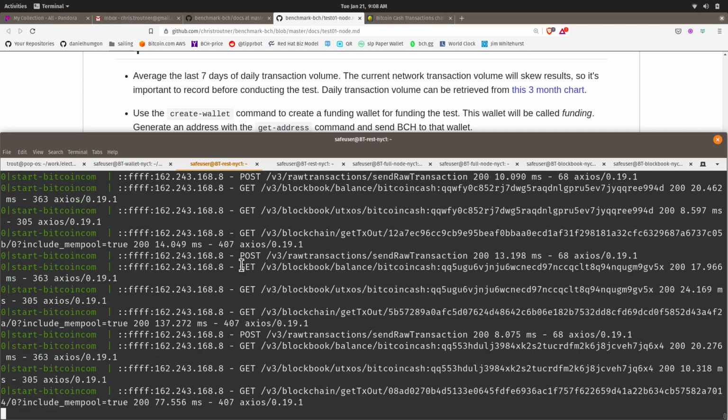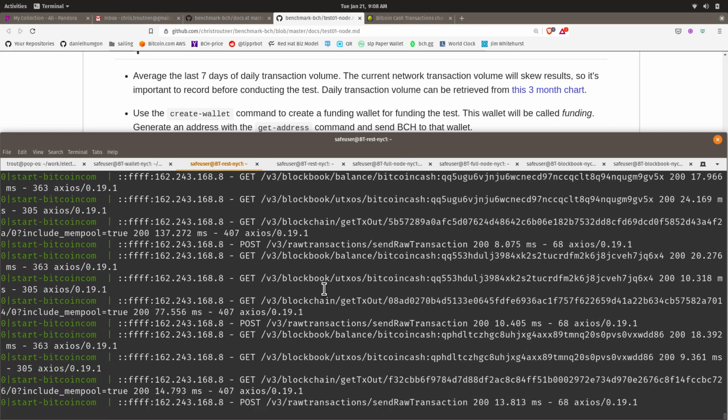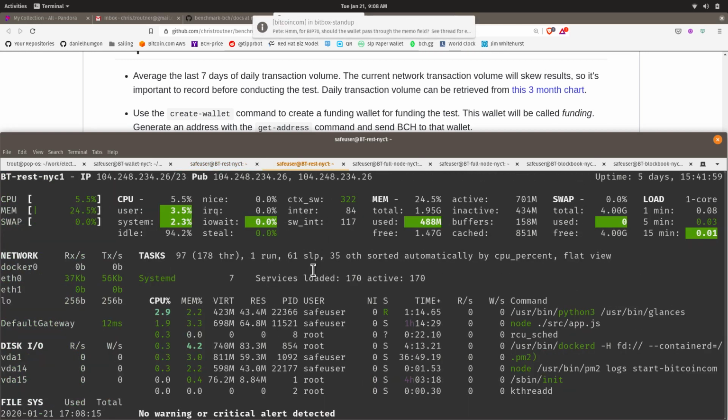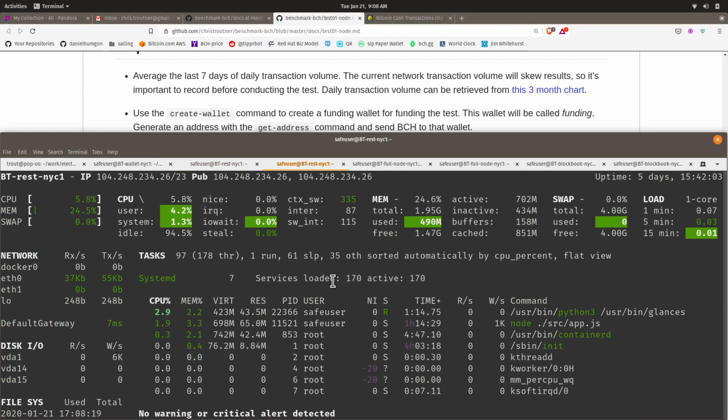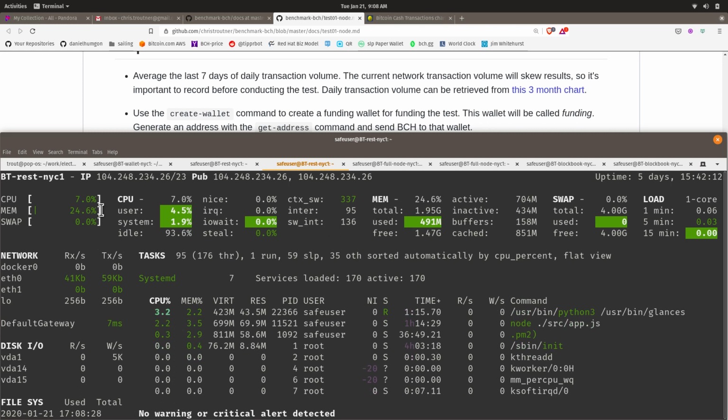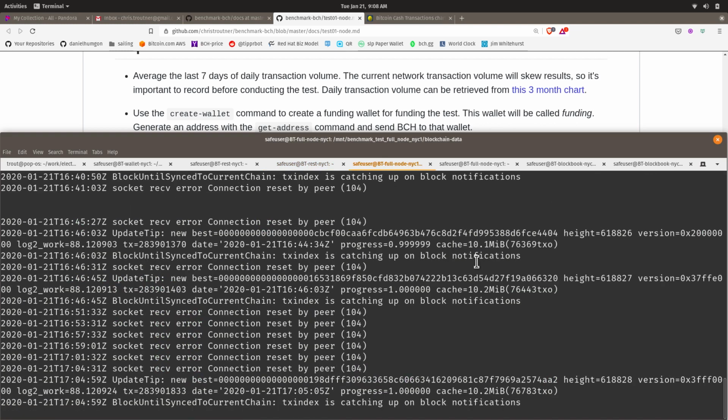If we look at the REST API, we can see the API calls coming in. If we look at Glances for that machine, we can see it's not very stressed out at all. This is just a 1 CPU machine, so it's single-threaded because it's a Node.js application. The REST API is only using about 7% CPU and 25% of its memory.